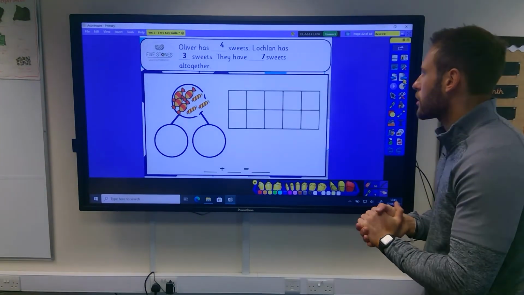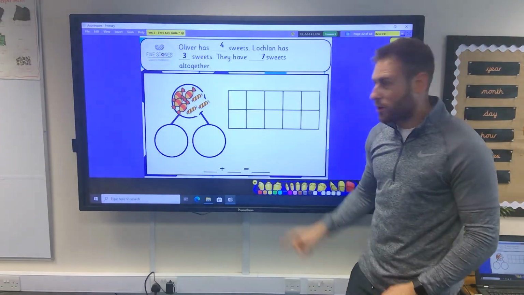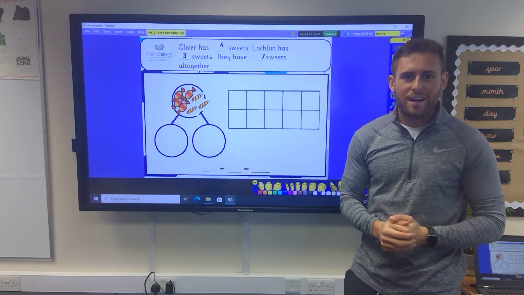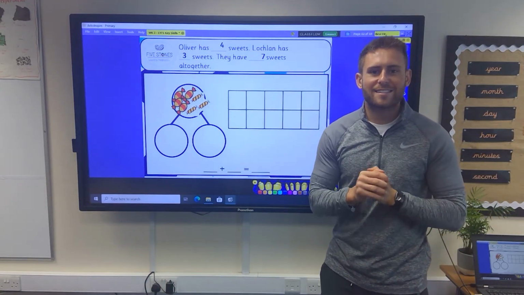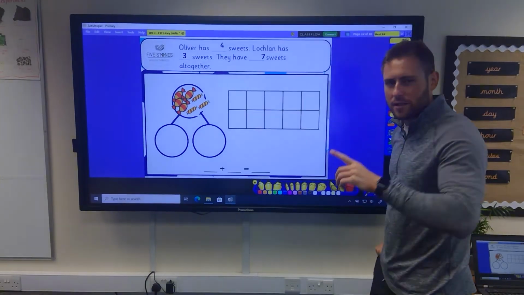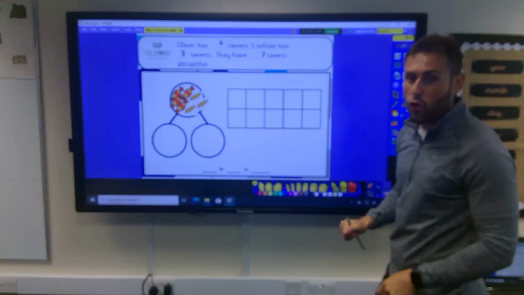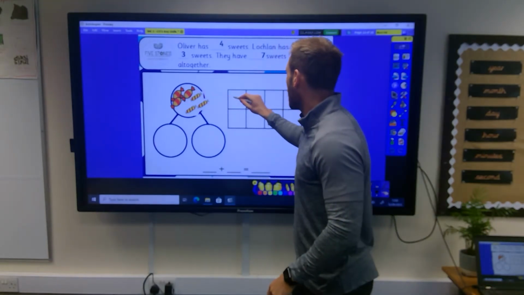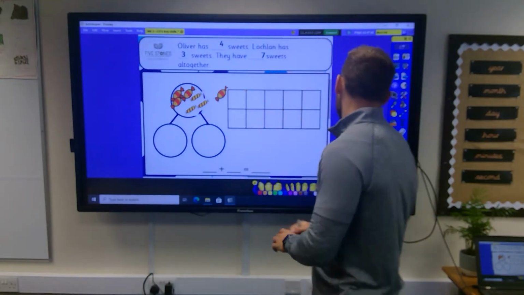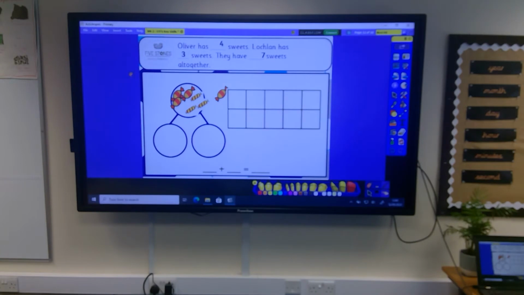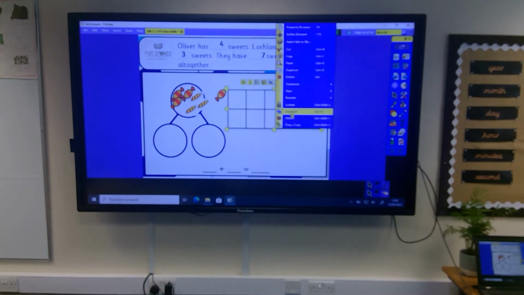Now, we're going to move our solved problem onto a tens frame to show that it will help us do exactly the same thing. So how many sweets did Oliver have? Yes, Oliver had 4 sweets. So we're just going to move Oliver's 4 sweets into my tens frame.